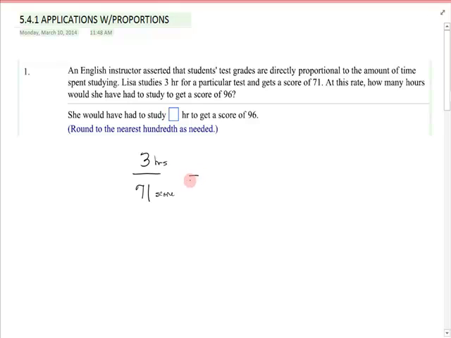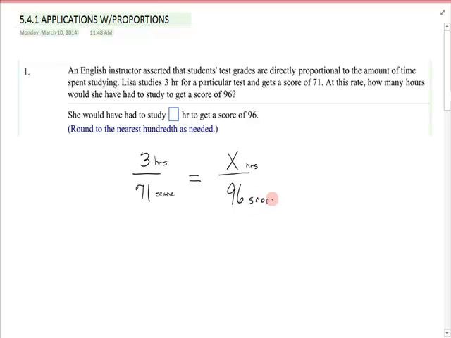When I set up the other side of the proportion, the other comparison, I'm only going to have one of the two numbers. It says at this rate, how many hours? So since hours is the question, X will be up here with hours. Would she have to study to get 96 as a score?